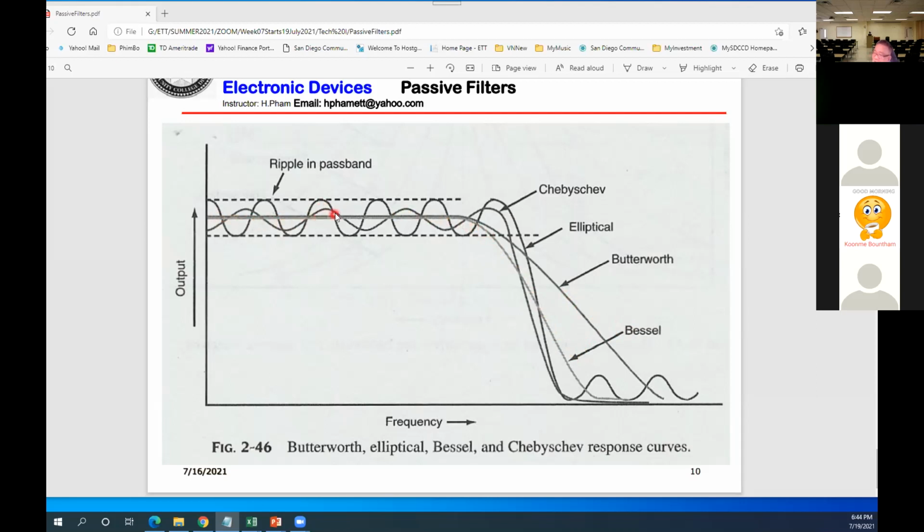The thing is, it has no ripple, and the cutoff is still better than Butterworth. That means the roll-off rate is better than this one, but not better than this one and this one. However, Chebyshev and elliptical are too noisy.